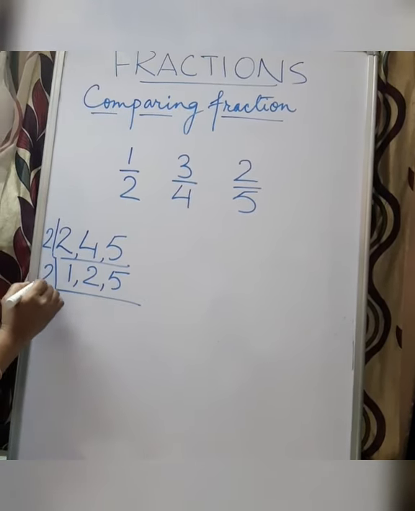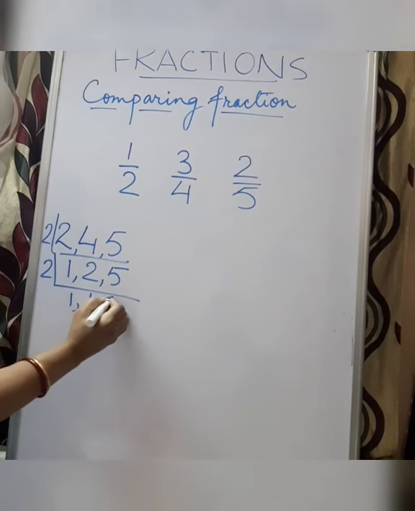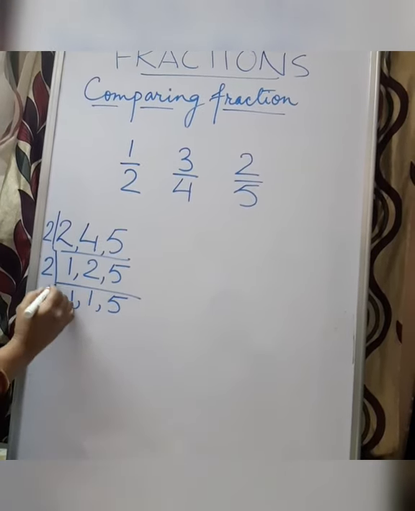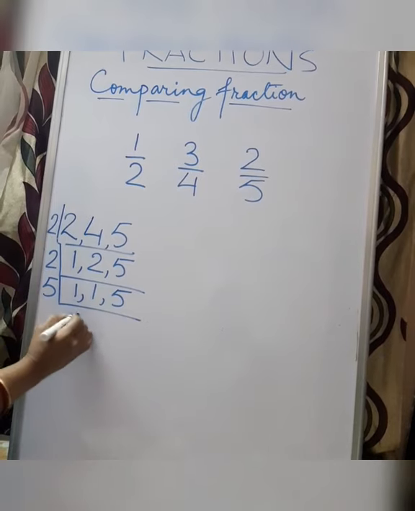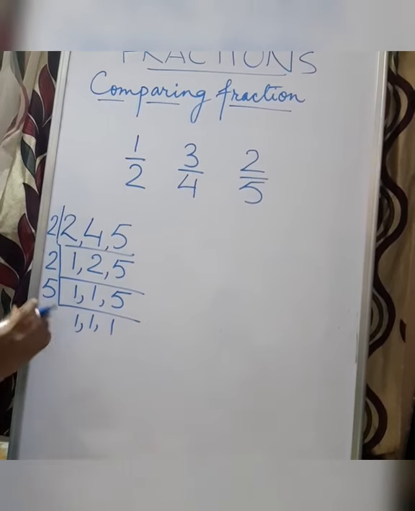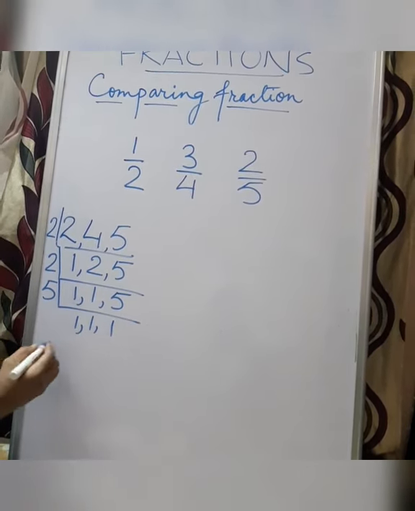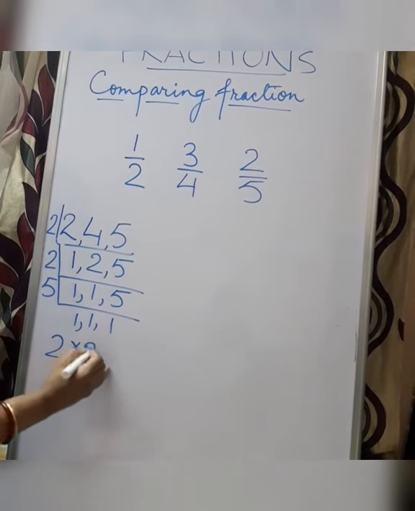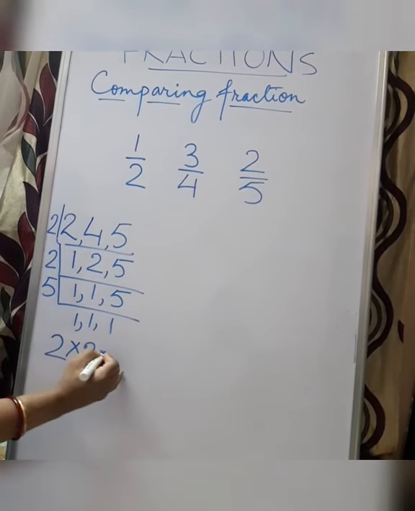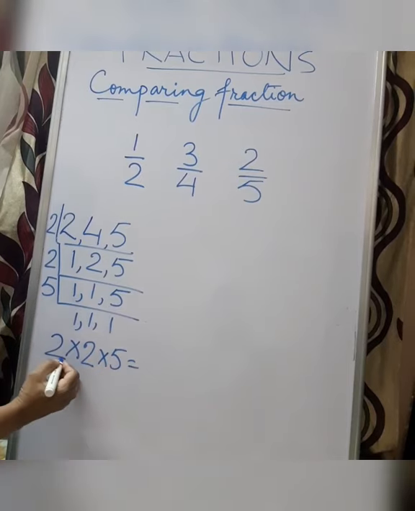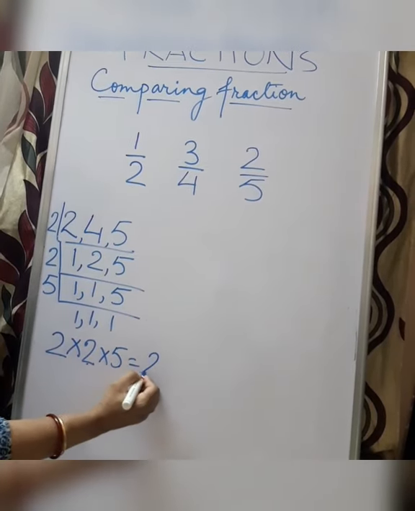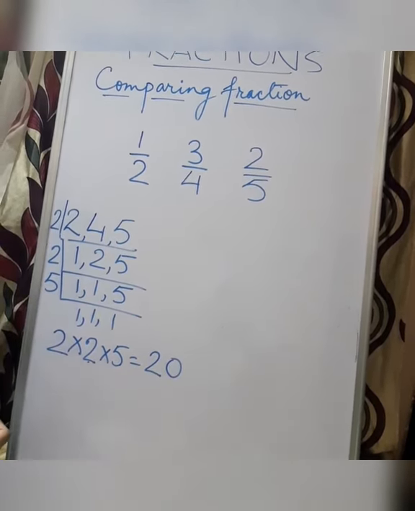Then we will again divide by 2 and bring 5 down as such. Then we will divide by 5 and go on dividing till we get 1 at the end. So our number is 2 into 2 into 5, that is 2 twos are 4, 4 fives are 20. So the new denominator will be 20.